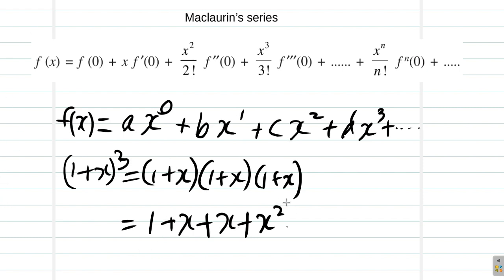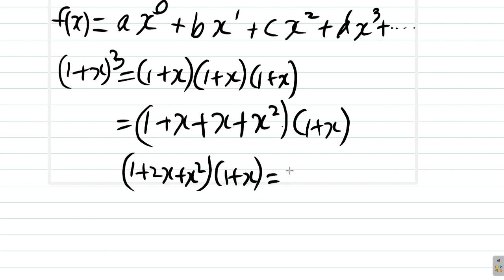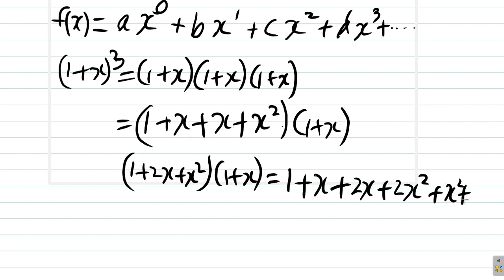So this must be multiplied by 1 plus x. What we have is 1 plus 2x plus x squared times 1 plus x, and then we multiply out: 1 times 1, which is 1, plus 1 times x, which is x, plus 2x times 1, which is 2x, plus 2x times x, which is 2x squared, plus x squared times 1, which is x squared, plus x squared times x, which is x cubed.